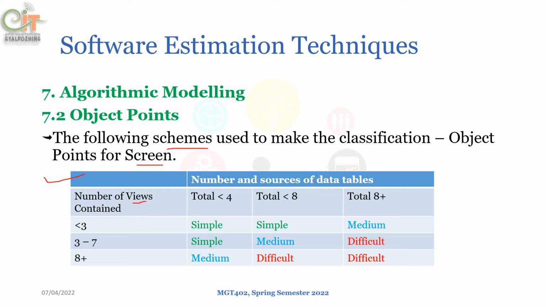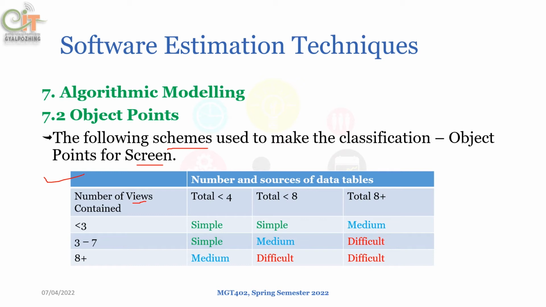For example, in a booking screen, you can see the view as the date, then the date will be given in a calendar and the time when it's available, and also the pricing details. So these are the views, the different view sections of the screen.